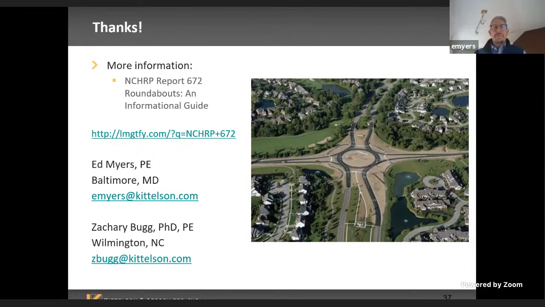Well, we're not really thinking about super elevation in the traditional sense, where you have a 40 mile per hour, 50 mile per hour approach roadway, and you're trying to get super elevation. So we're not really thinking about super elevation in that way. And from a drainage standpoint, typically what we try to do is to drain everything away from the central island in all directions, which means that the central island of the roundabout is the highest point in the intersection.